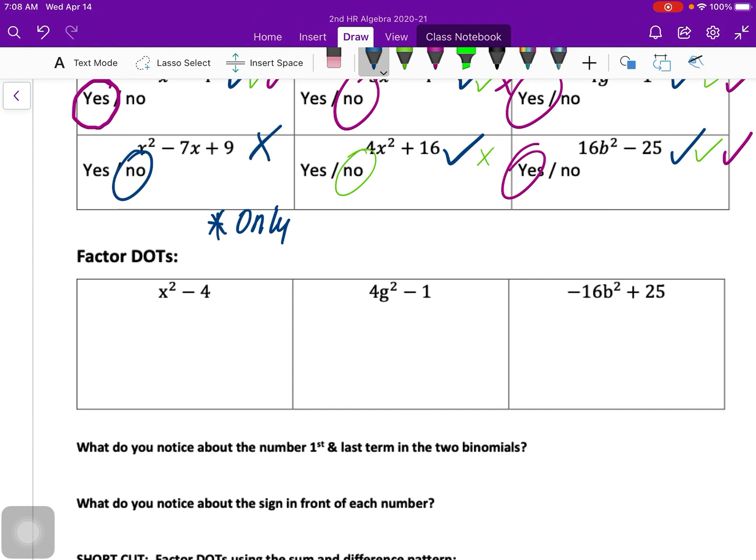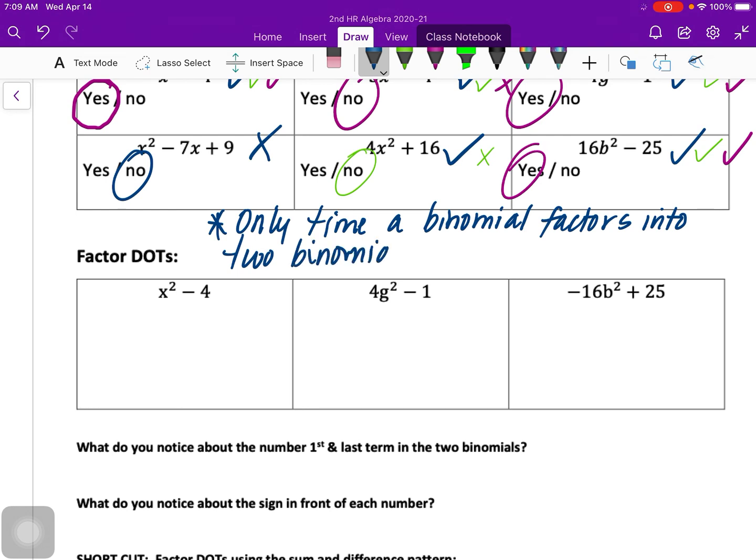Let's write that down so we got it. Only time a binomial factors into two binomial factors.